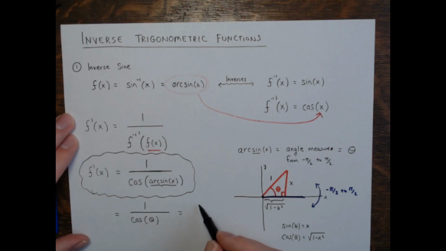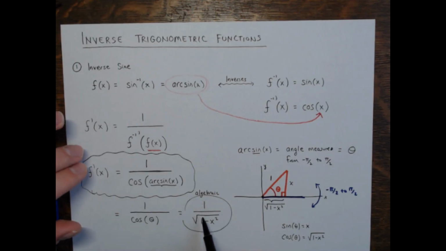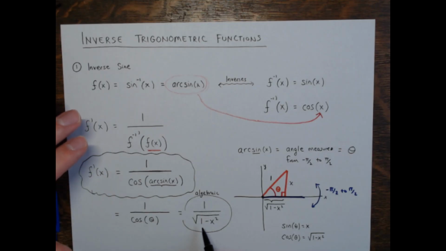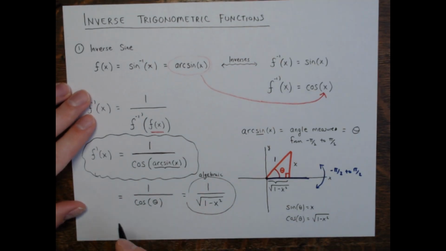So that's going in the denominator here, replacing this cosine of theta. So here we go. This is the algebraic version of the derivative. And we're just adding, subtracting, multiplying, dividing, and roots involved with our letters and numbers. So there we go.